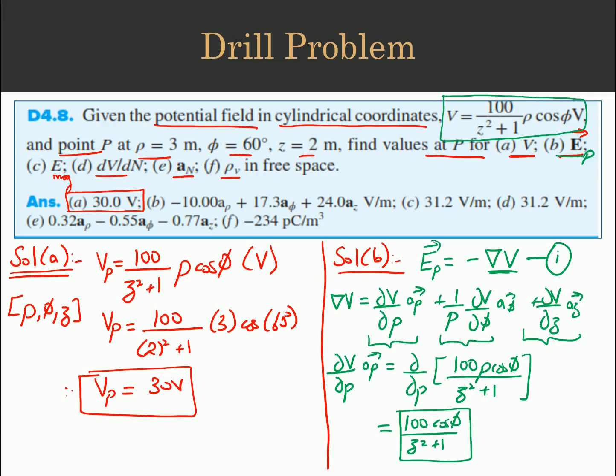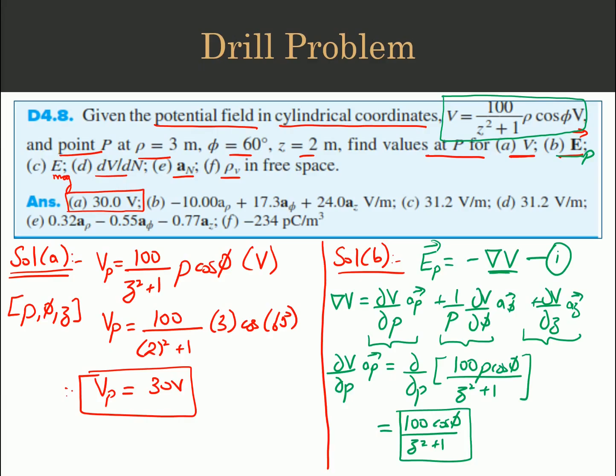Similarly, let us find the partial derivative of V for the second term. Looking at the equation, it is 1 by rho. So for the second part, 1 by rho partial derivative of V with respect to phi is equal to 1 by rho partial derivative of V. Let me write the value of V. It is 100 rho cos of phi divided by z squared plus 1.